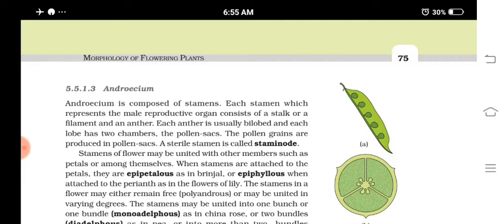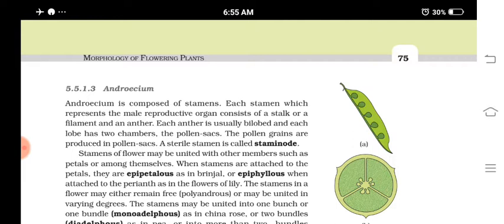The anther usually has two lobes, and each lobe has two chambers, and in the chambers are pollen sacs which contain the pollen grains. So the units of androecium are called stamens, and the stalk of the stamen is called the filament. Anther and filament are the two main structures of a stamen.